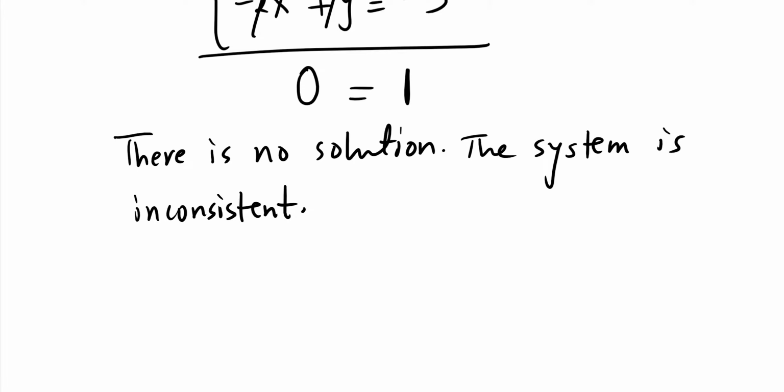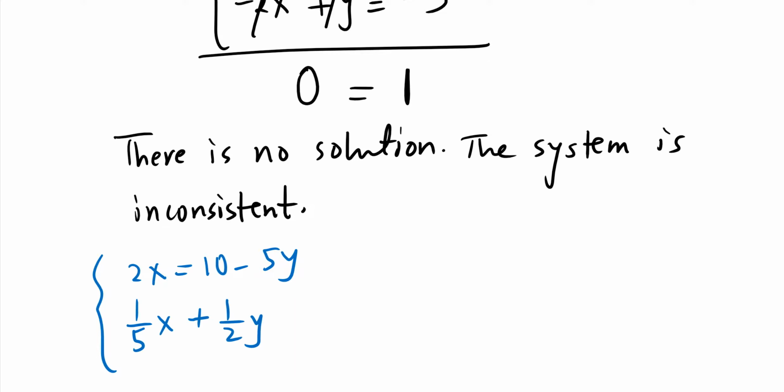Next one, I'm going to solve this: 2x equals 10 minus 5y and 1/5 x plus 1/2 y equals 1. So how do I solve this system of equations? Again, I see fractions in the second equation. The LCD of 1, 2, and 5 is 10.